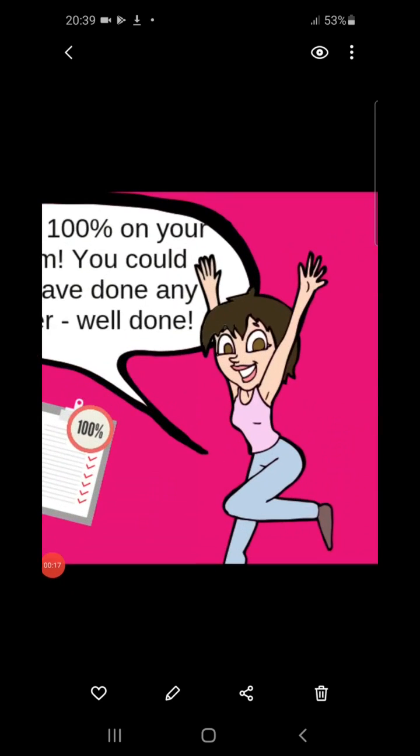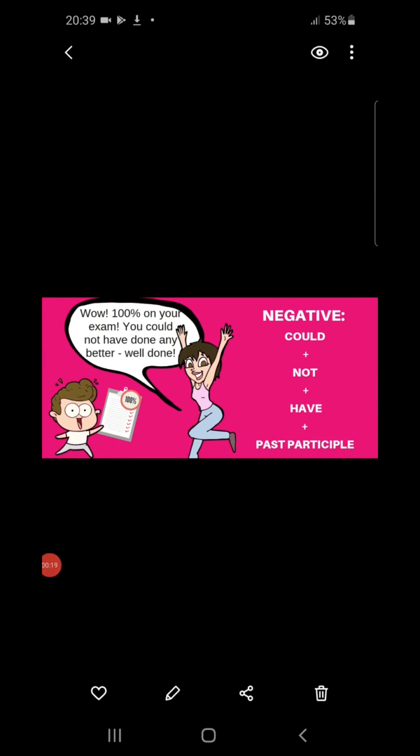Next, negative. Could plus not plus have plus past participle. Wow, 100% on your exam. You could not have done any better. Well done. So, you have got 100 percentage of marks.